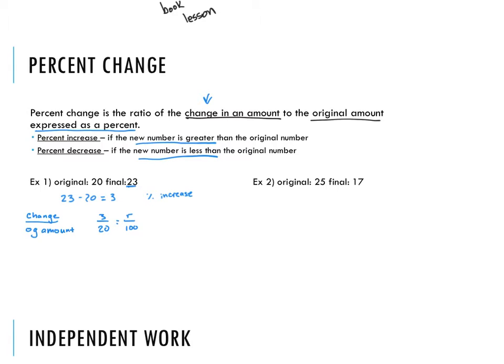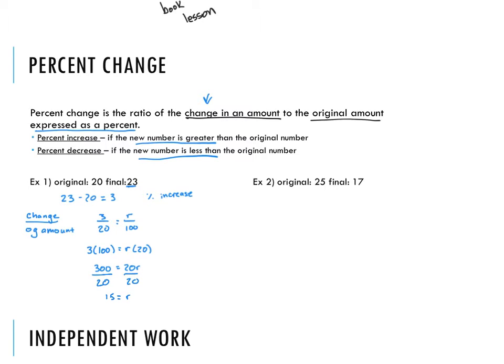Now I have a proportion and I can solve the way I normally solve proportions, by cross multiplying. So that's 3 times 100 is equal to R times 20. 300 is equal to 20R. And now I'm solving for R. So divide by 20, divide by 20, and I am left with 15 is equal to R. Okay.